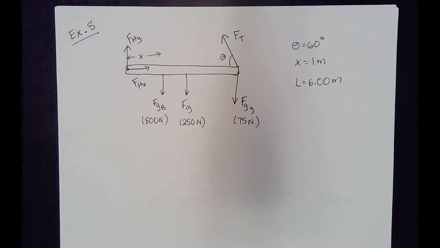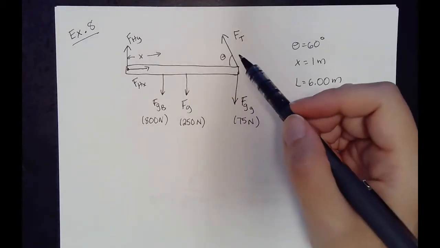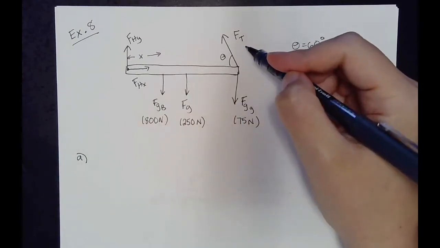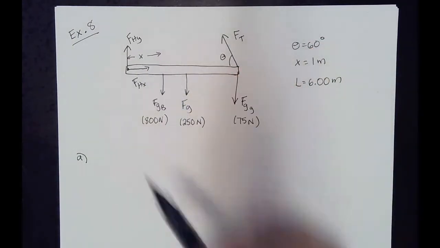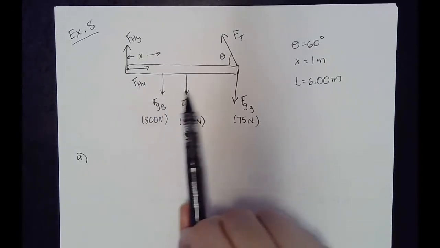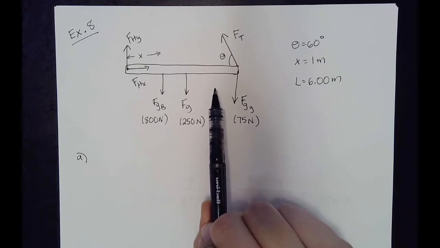All right, so looking at this, we're asked to find 3 unknown forces for part A: the tension in the wire, and the components of the reaction force in the hinge. So first I've drawn a free body diagram with the locations labeled again.